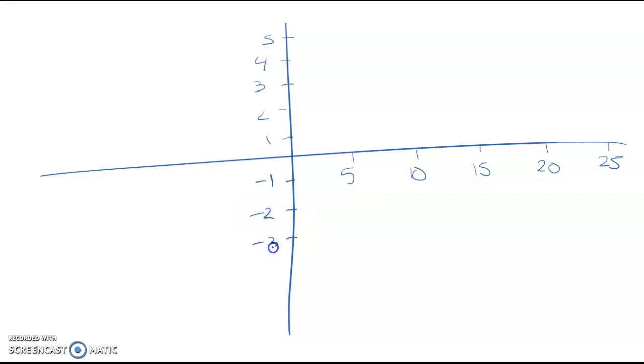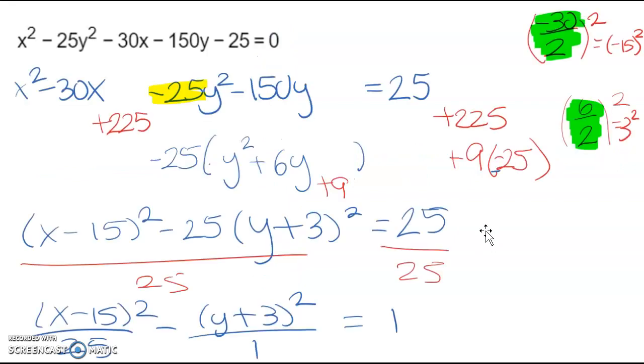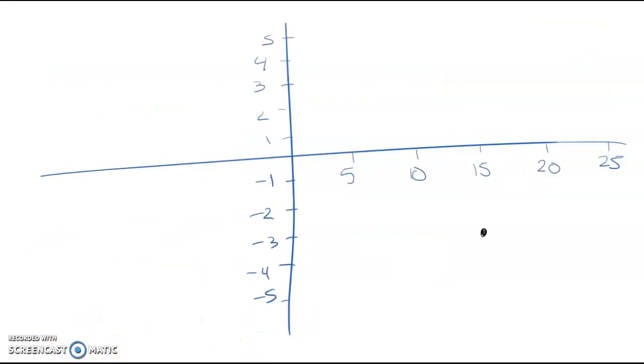Okay, so I'm going to plot first our center point, which we said was (15, -3). And we had a 25 under the x coordinate. So I'm just going to show you that again. 25 under the x, which means go 5 in each x direction. We have a 1 under the y, so 1 in each y direction.